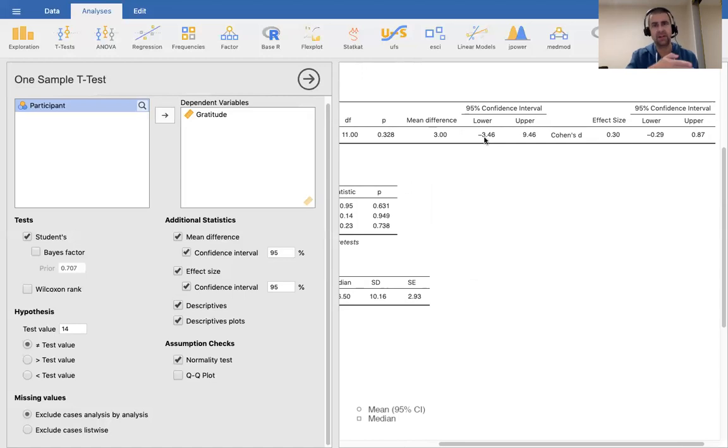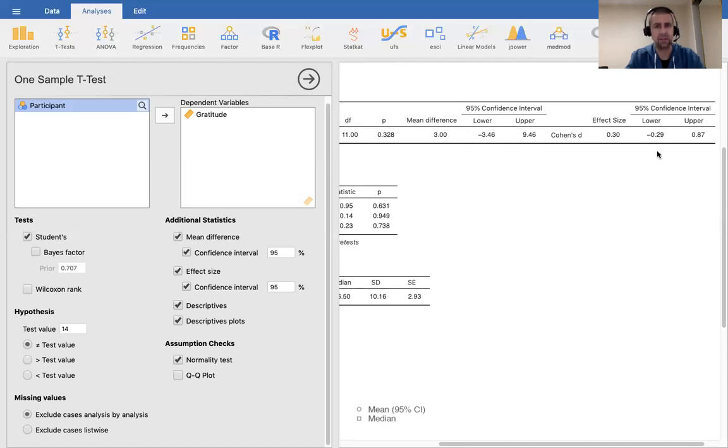That's why they're negative, because of the way that I structured the numerator. A zero means that there's still no difference, right? A D effect size of zero means there's no difference. And a positive value shows that they are potentially more grateful, and quite a bit more grateful in this case.